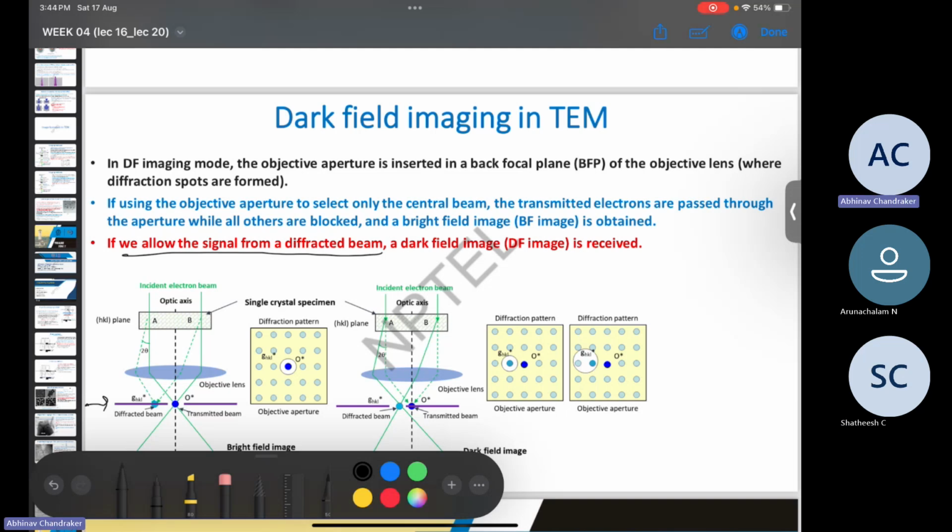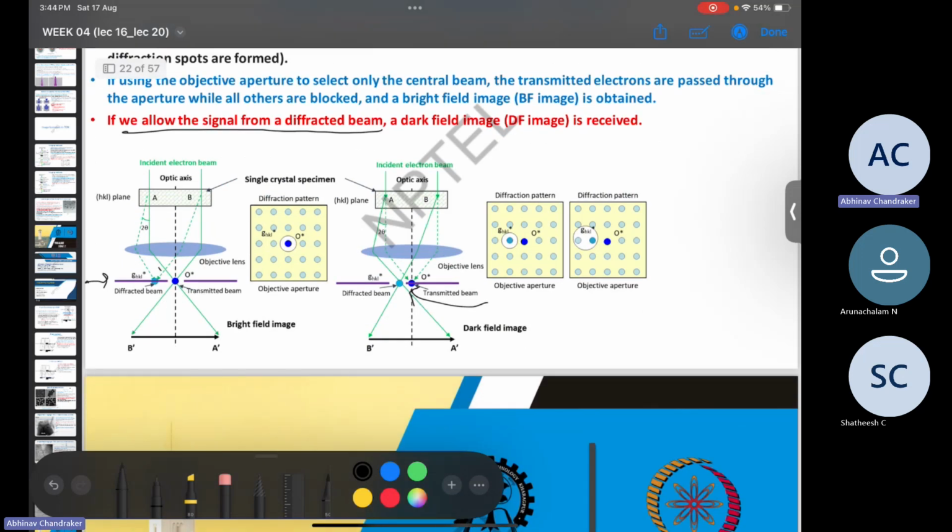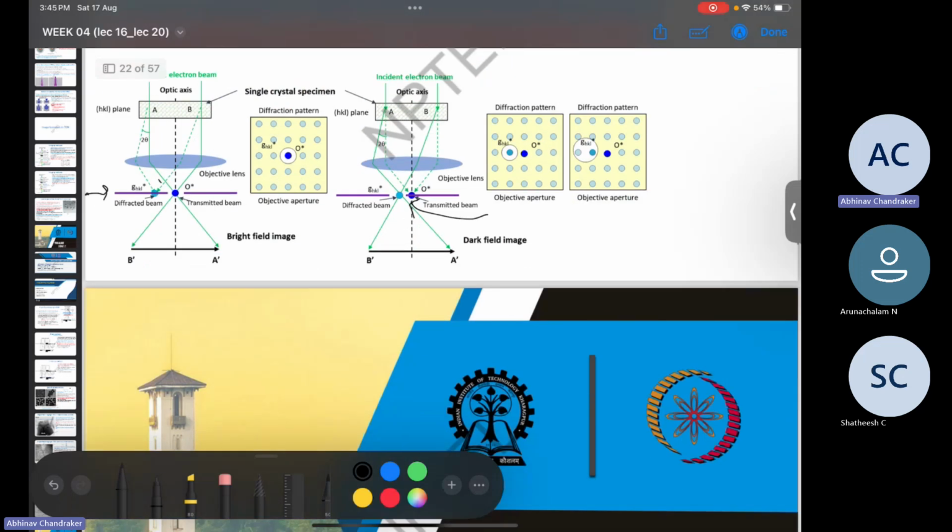Here we can choose the diffracted beam while keeping the central beam blocked, and as a result the image we get will only be based on the electron beam which has got diffracted from the specimen.